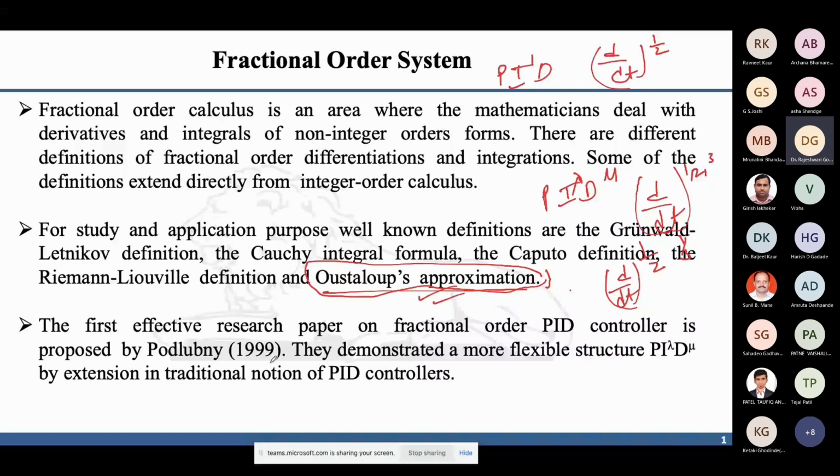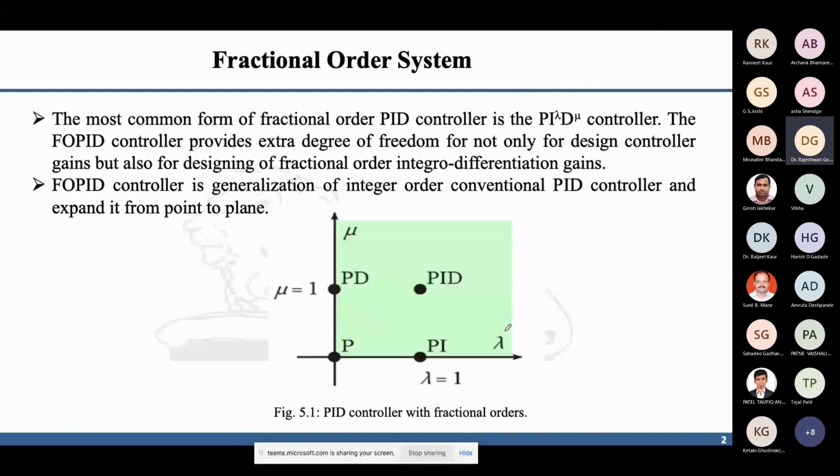Flexible stands for this: initially we had PID only, now we have this structure. You can see that suppose the x-axis has lambda and the y-axis has mu, where lambda and mu are the powers of the integrator and differentiator respectively, right? If lambda and mu are 0, then it becomes a P controller.